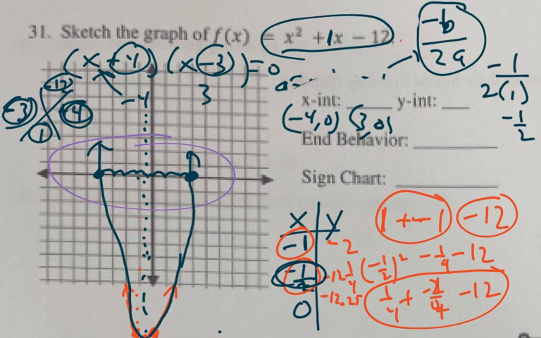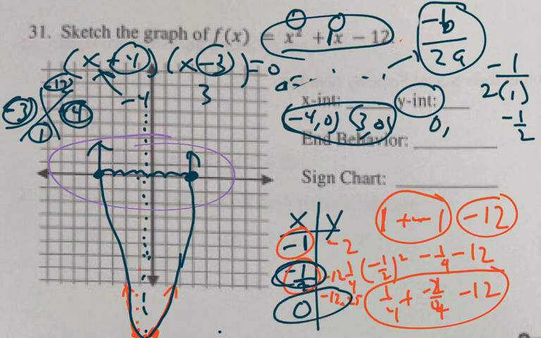Now notice the x-intercepts, we know you factor, you solve for 0. What about the y-intercept? For the y-intercept, you just simply plug in 0 for x, and notice you get negative 12. We actually had it in the table here. So 0, negative 12 is my y-intercept. So that's another thing I want you to remember.